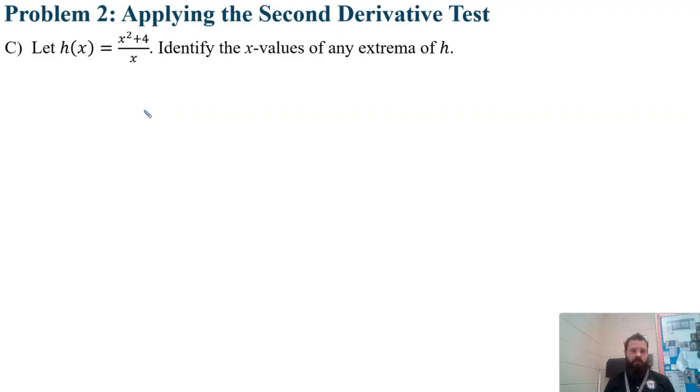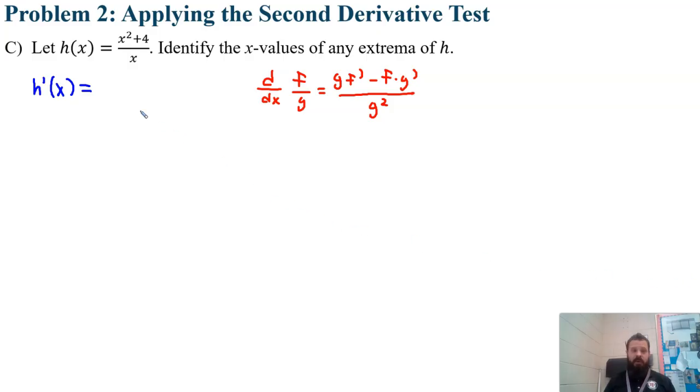All right, so here we go. Apply the second derivative test. We want our critical point, so we need our first derivative. Here we're talking about a rational function, so we're thinking in terms of the quotient rule. The derivative d/dx of a function divided by another function was the denominator times the derivative of the numerator minus the numerator times the derivative of the denominator, all over the denominator squared.